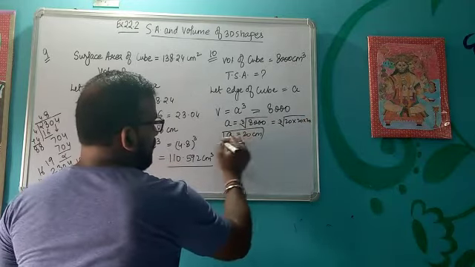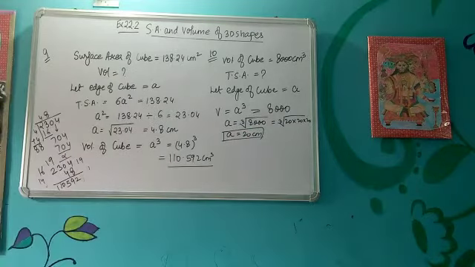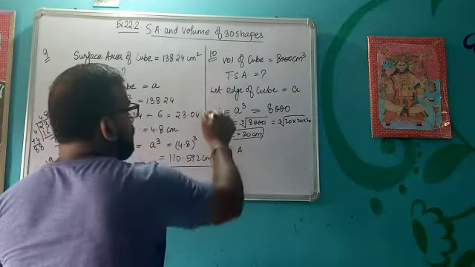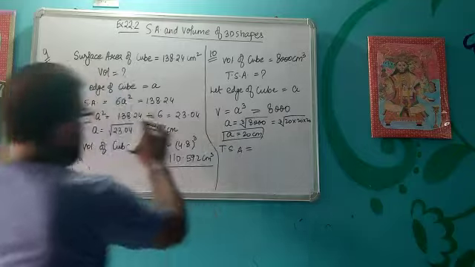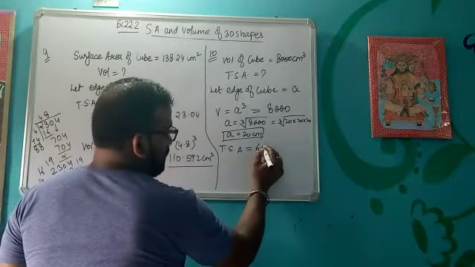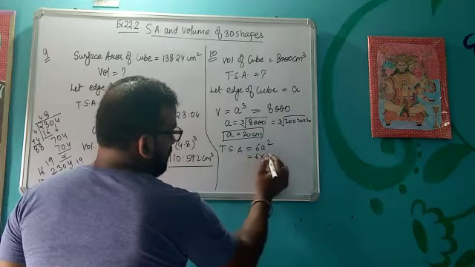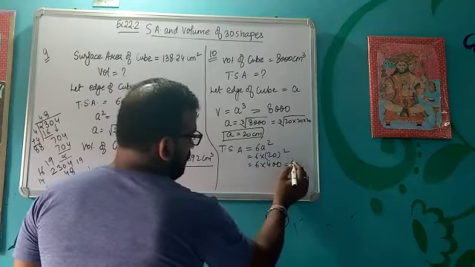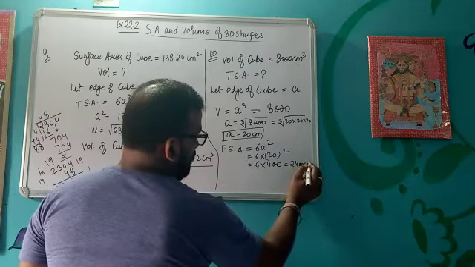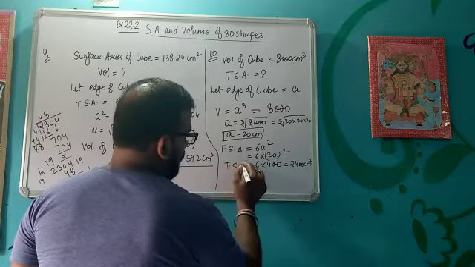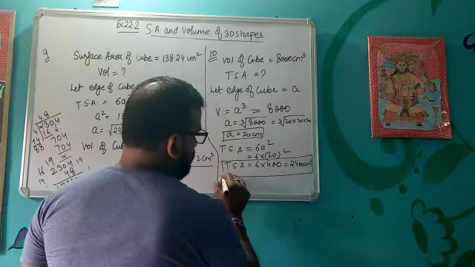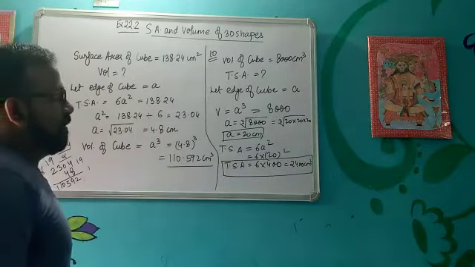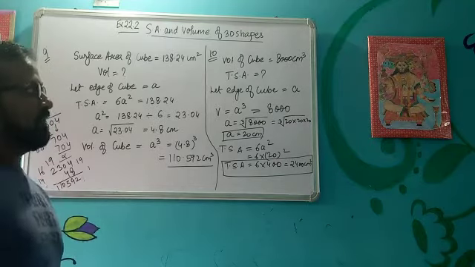So our edge is 20 centimeter. Next we have to find the total surface area. So total surface area is 6A square, 6 into 20 square, that is 2400 centimeter square. Okay, so in questions like this, you first find the edge of the cube, then you will proceed to find whatever is asked, whether volume or surface area.